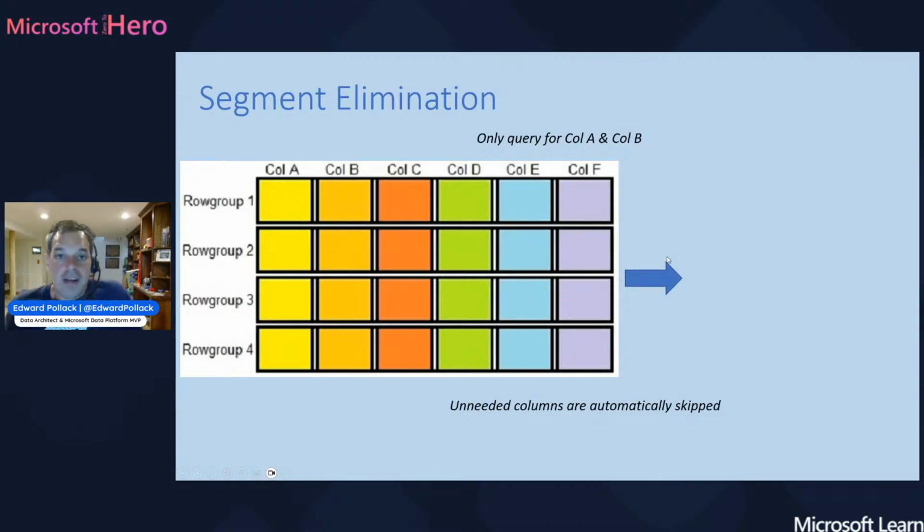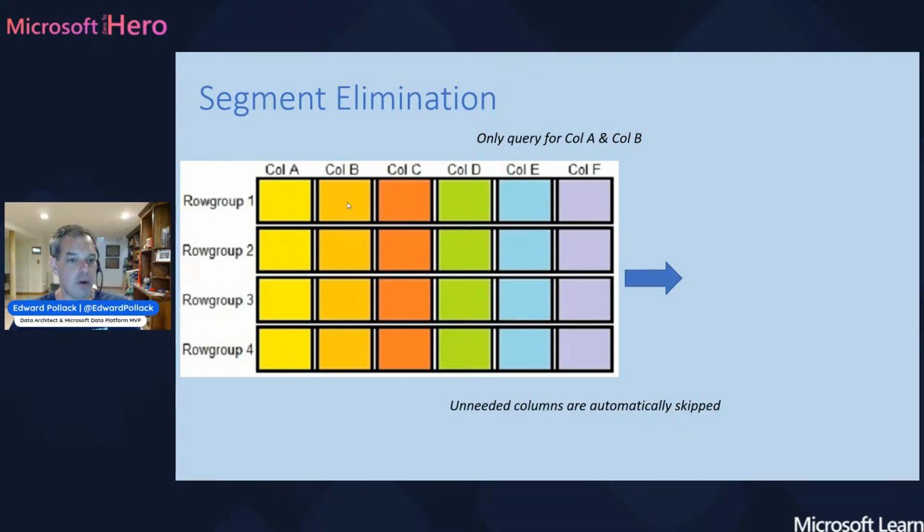What does ordered data do for us? It does some really amazing things called segment elimination. So this, again, differs from your rowstore indexes and how they work. The first thing that happens here is when I query for data, remember earlier I mentioned that each segment is stored separately. They're stored on pages in SQL Server just like everything else is, but the segments are separate structures.